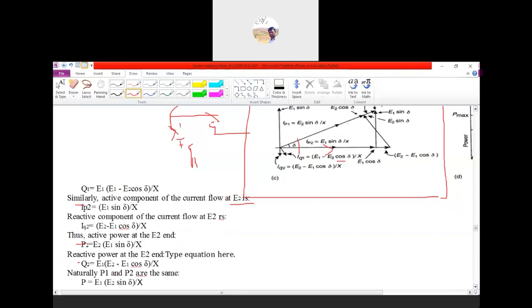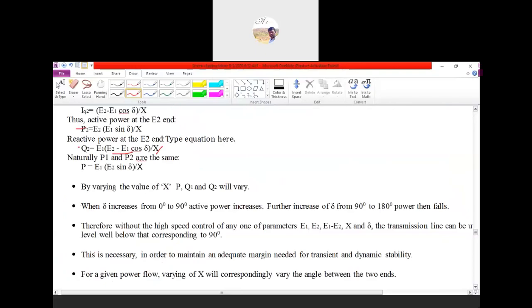Here we have E1 and here E2, and in between E1 and E2 the angle is delta.